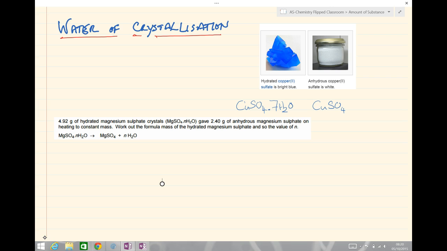Here we have 4.92 grams of hydrated magnesium sulfate crystal, which gave 2.40 grams of the anhydrous, that is without water, magnesium sulfate on heating to constant mass. Work out the formula mass of the hydrated magnesium sulfate and therefore the value of n.